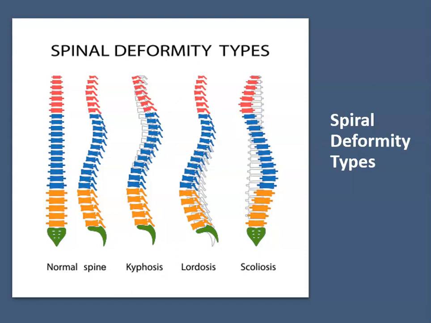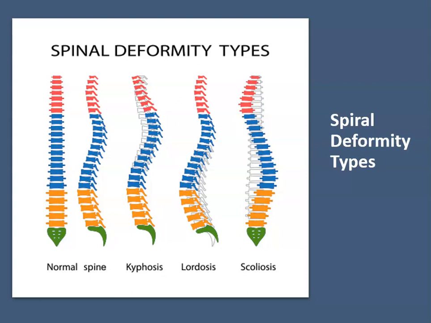So arthrodesis is binding or fusion of the spine. And these particular codes here, we're looking at arthrodesis procedures specifically for spinal deformity. Why I wanted to point this out is because there are some other arthrodesis codes, but they're not related to spinal deformity. And so I wanted you to take note of that.